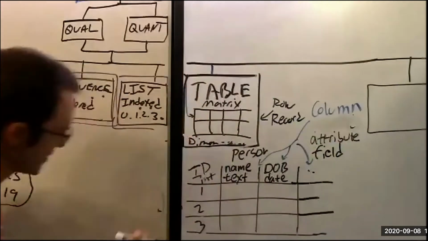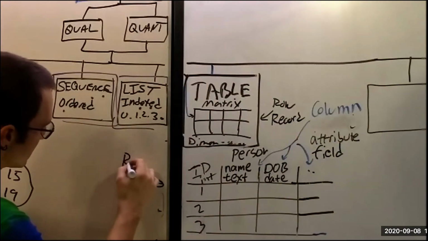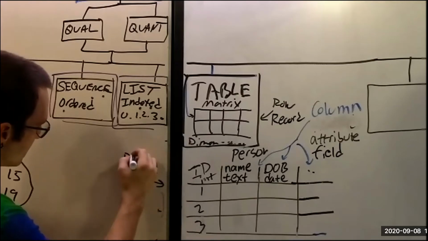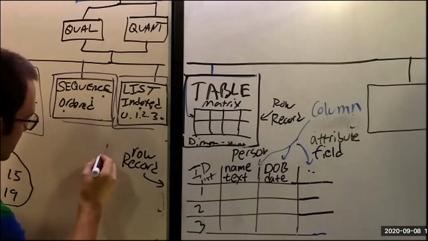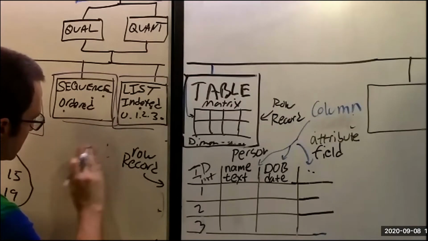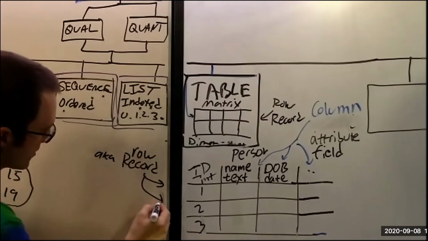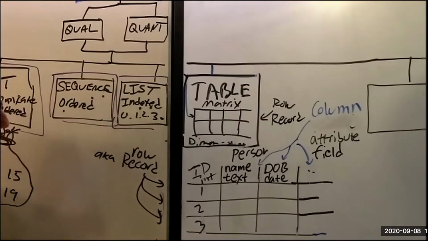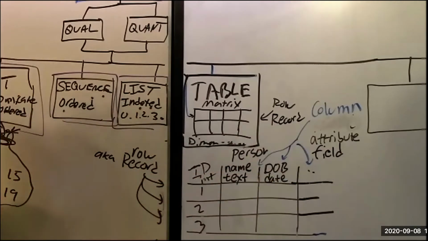Good to have database people out there. These are the records. You're absolutely right. A record is a row. I got flustered. So row, AKA record, are these guys. And then columns, attributes, or fields would be the verticals. Thank you. Who was that? That was Amy. Amy, yeah, thanks.